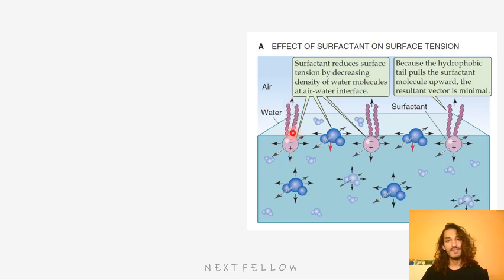So even if there's a pull here trying to pull it inside, the hydrophobic part is not going to come inside the water. Because of that, the resultant vector is minimal, and that reduces what you had seen earlier. So ultimately, what does the surfactant do in this fashion? It reduces the surface tension.